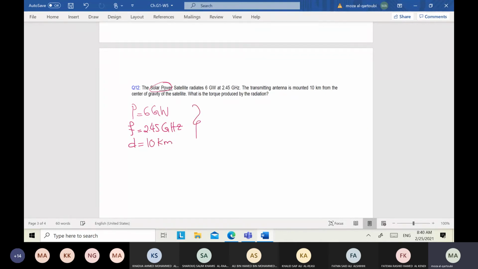We are asked to find torque. Does anyone know the unit of torque? Torque is in Newton meter.